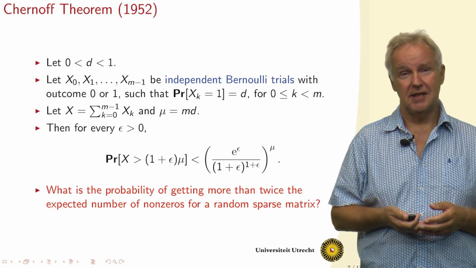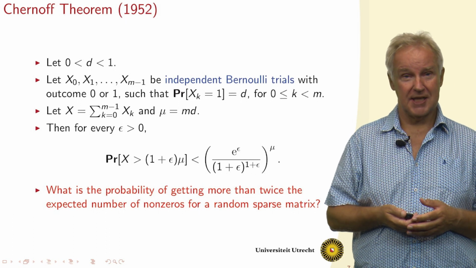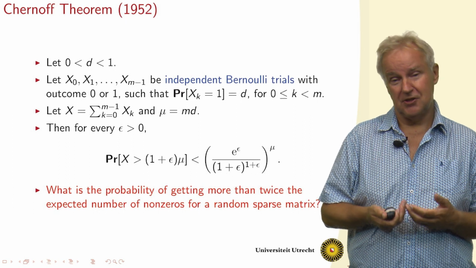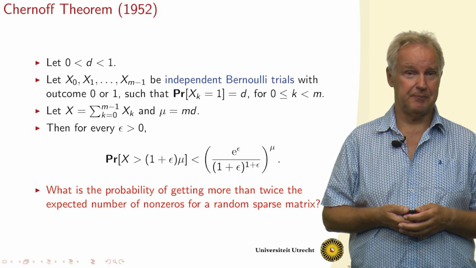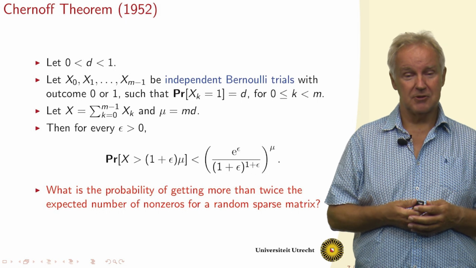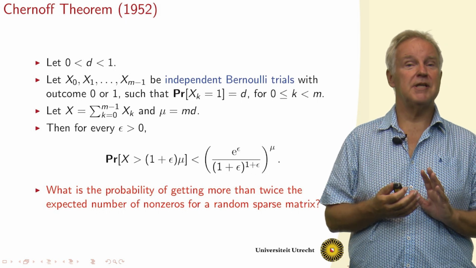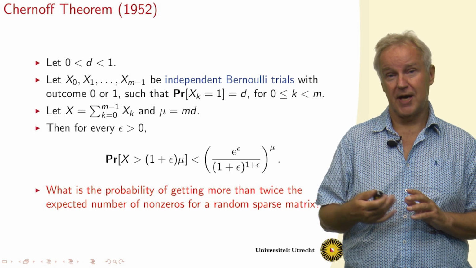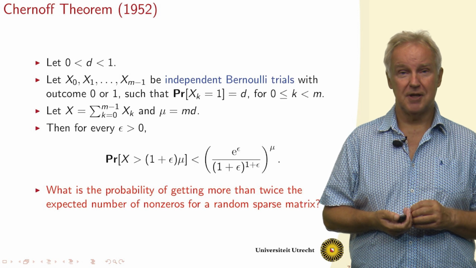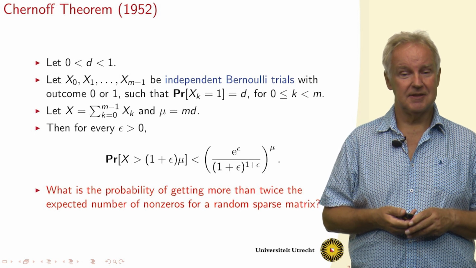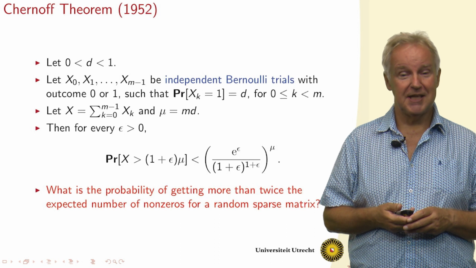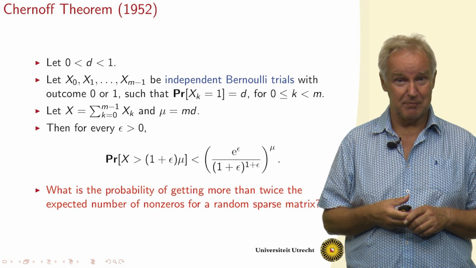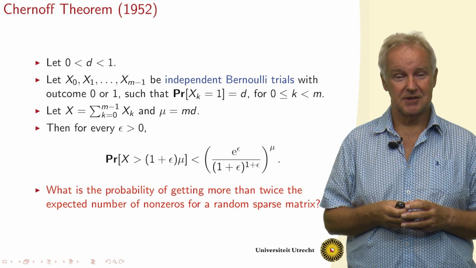So then we can define x as the sum of all those xk's, and mu as the expected outcome, which is the number of trials times the density. Then Chernoff gives a bound, and the bound says the probability of x exceeding 1 plus epsilon times this mu, the expected outcome, is less than, and now we get a big formula, e to the power epsilon divided by 1 plus epsilon to the power 1 plus epsilon, and all of this to the power mu.